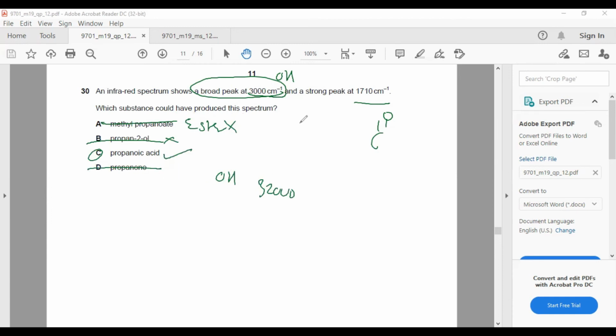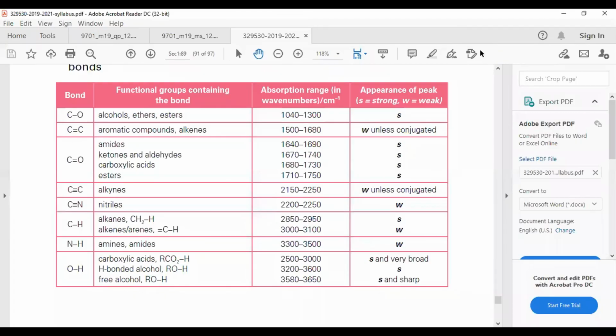Cannot be alkane because alkane does not have C double bond O. You have to refer to the data booklet. So look at the data booklet. OH of carboxylic group is 2500 to 3000, very broad, sharp and strong and very broad. And OH of alcohol, see, starts from 3200. It means alcohol is not there.